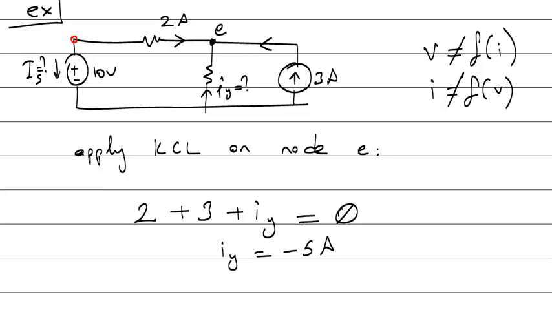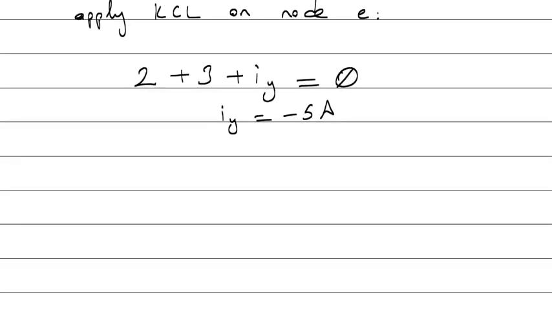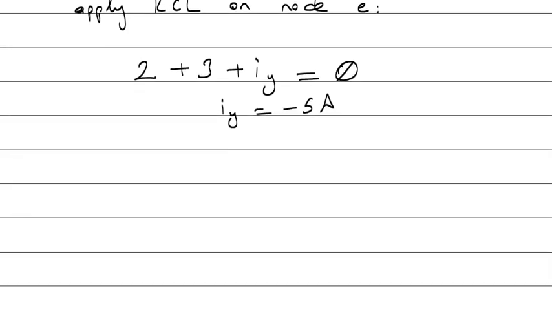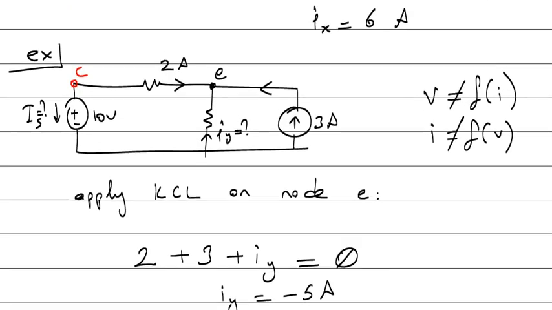For example, the name of that node can be C, for example, okay. And apply KCL on node C. Exiting currents: 2 amps is going like that, and IS is going down.